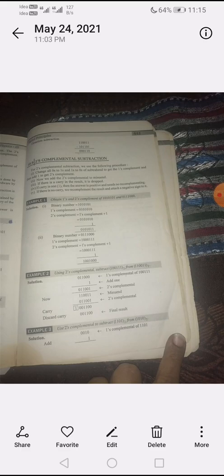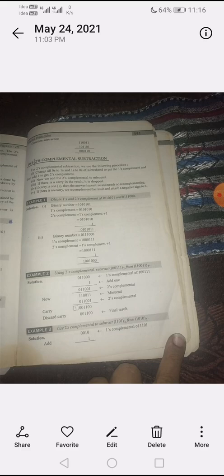For 2's complement, change all zeros to ones and all ones to zeros of the subtrahend to get the ones complement, and then add one to get the 2's complement.